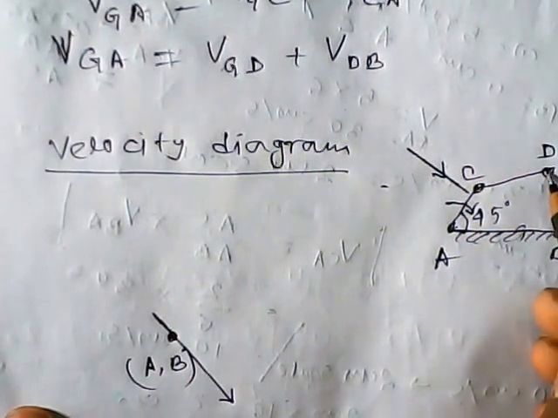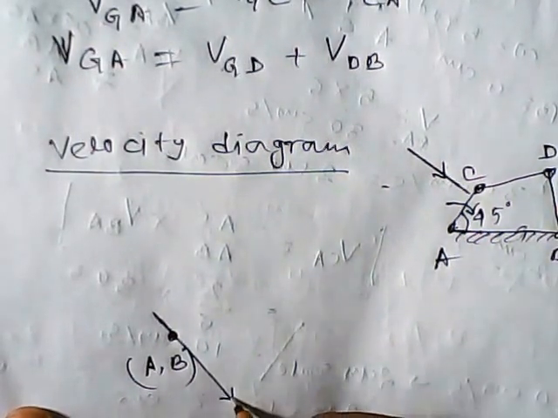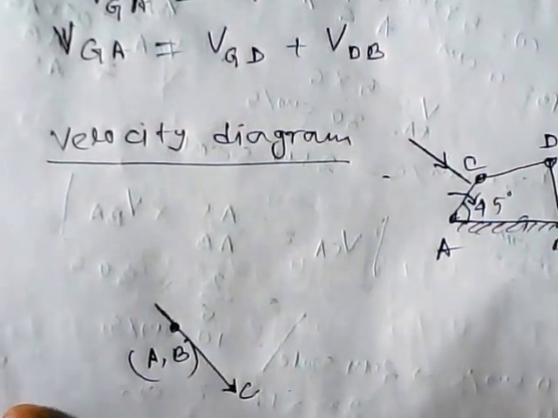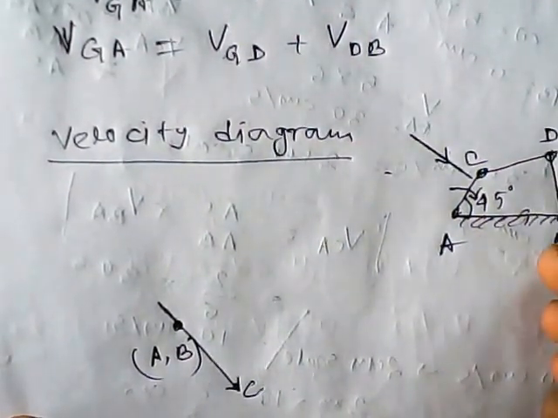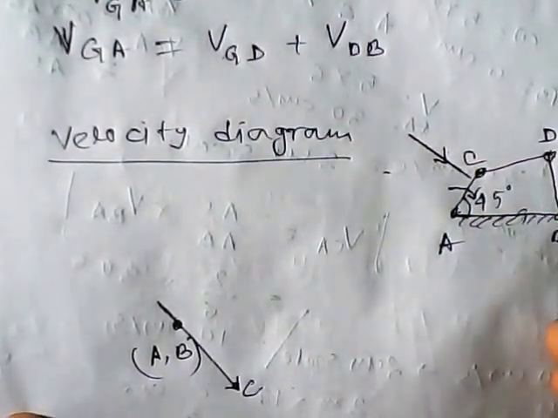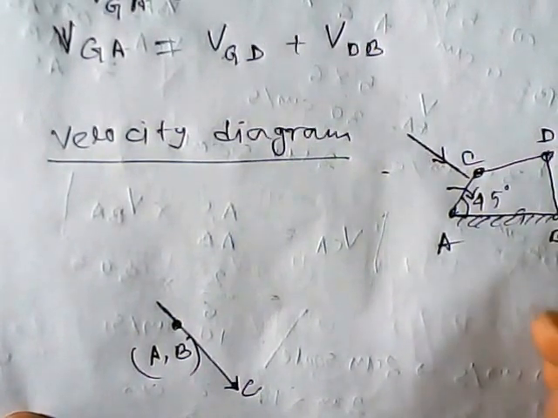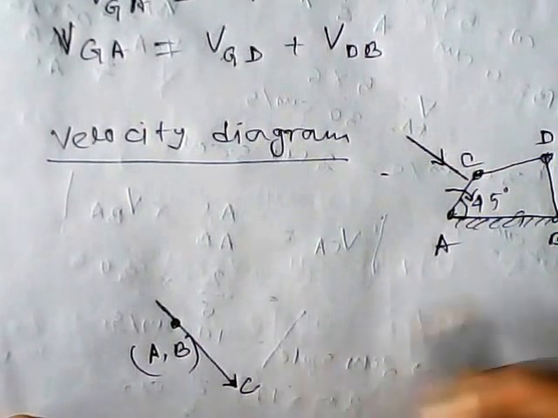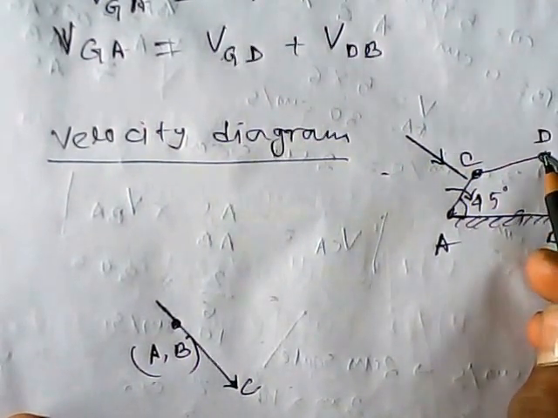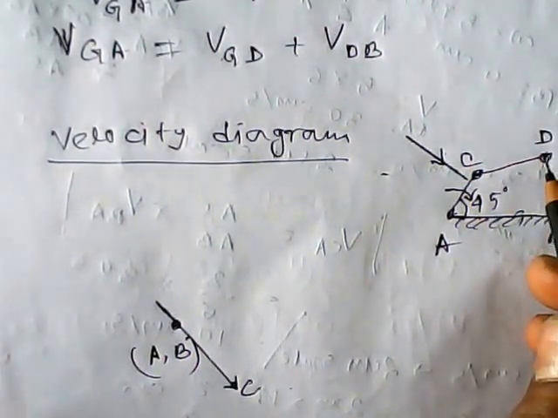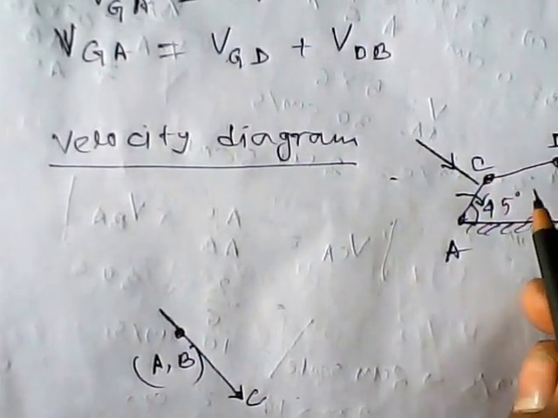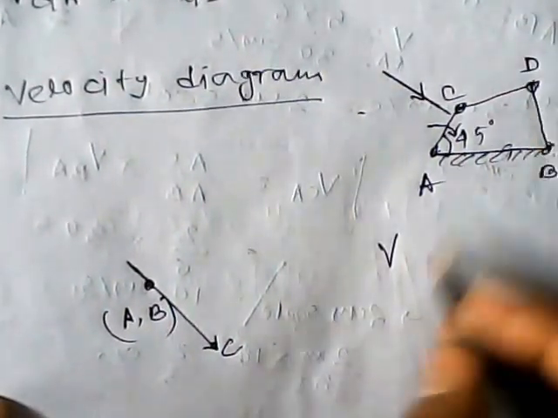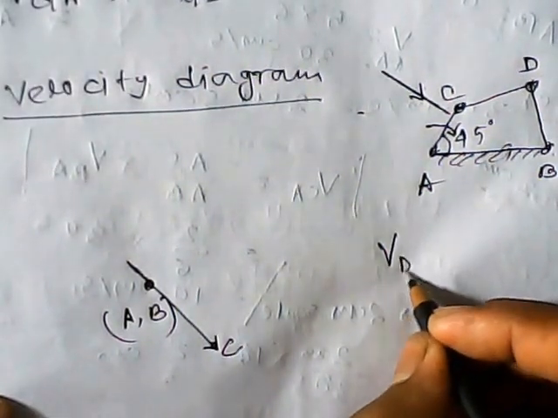Now we have to draw the velocity diagram at point D. The velocity of D with respect to C has a direction passing through C, and the velocity of D with respect to point B passes through B, and the two lines intersect at the point D.